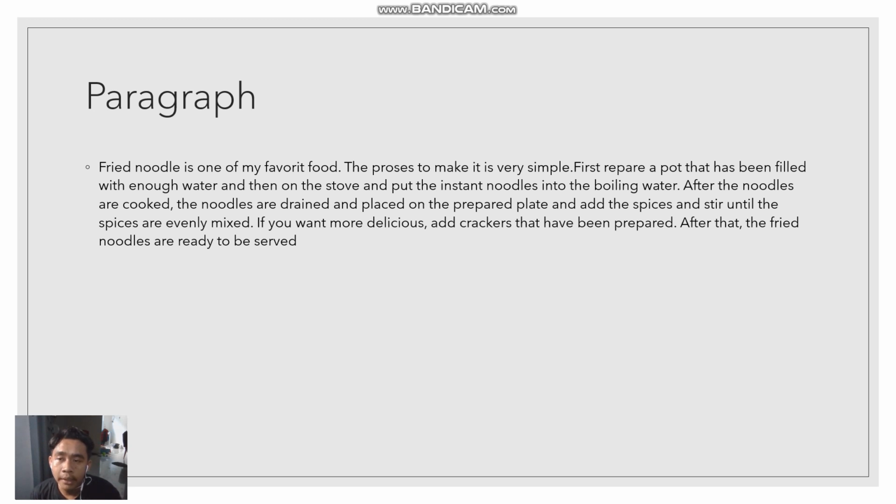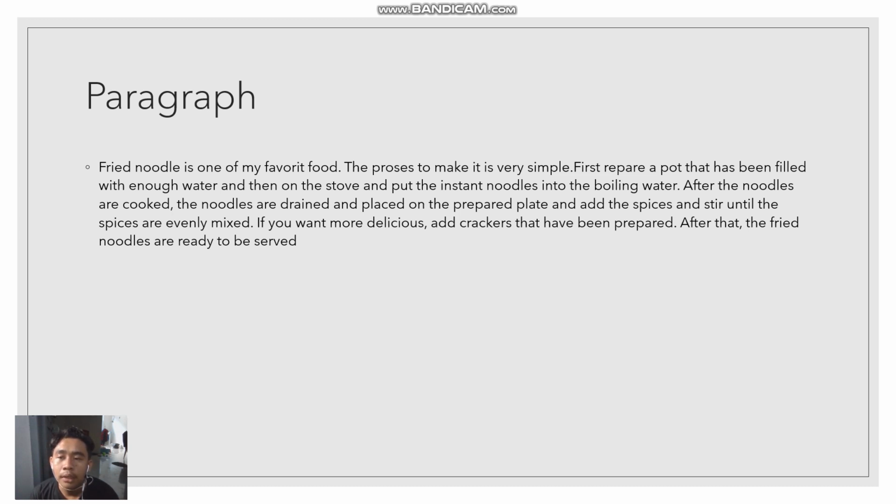This is my paragraph. Instant noodles are one of my favorite foods. The process to make it is very simple. We prepare a pot filled with water and put it on the stove, then put instant noodles into the boiling water.